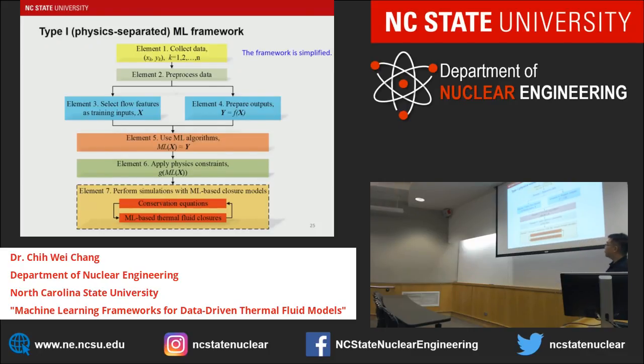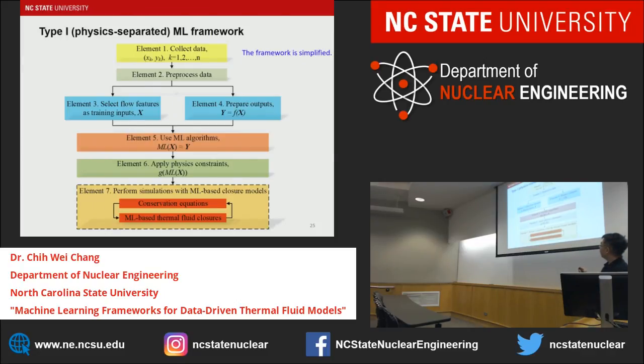In element 5, we have a lot of different choices. We can use deep learning, or we can use a traditional learning algorithm such as Gaussian process or Bayesian regression. Depending on how much data we have, if we have only a few data, then probably Gaussian process or nonlinear regression will fit our problem. But if we have millions of data points, then we probably need to use a deep learning method that can better capture the trend of the data.